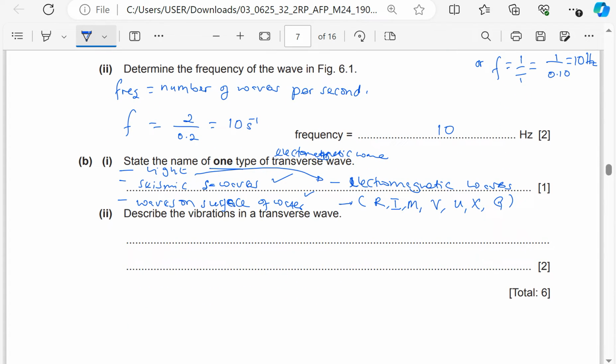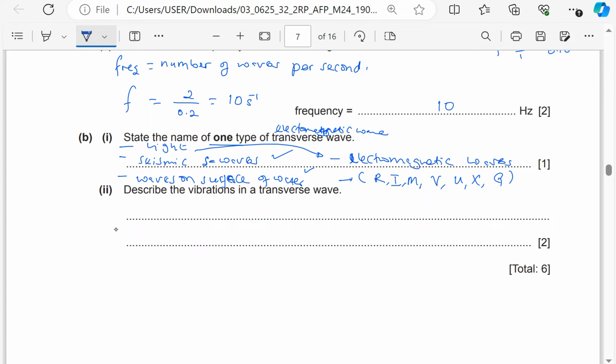to a core student. Describe the vibrations in a transverse wave. Of course, we know that in a transverse wave, vibrations are perpendicular.